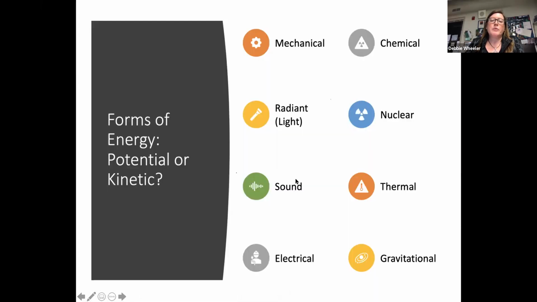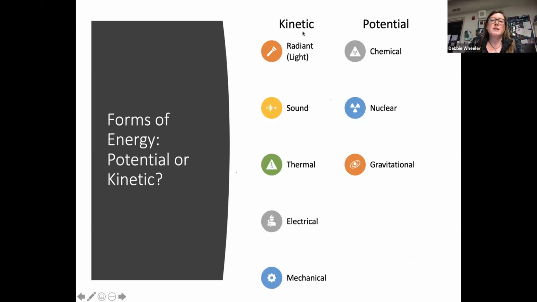We can group these forms of energy as kinetic or potential. If you'll take a quick moment to think about which is which, and I'm going to throw answers up for you in a minute. So all of these can be grouped as either potential or kinetic. Yeah, keep in mind kinetic is moving, potential is stored.